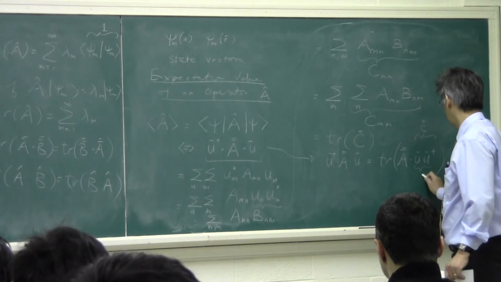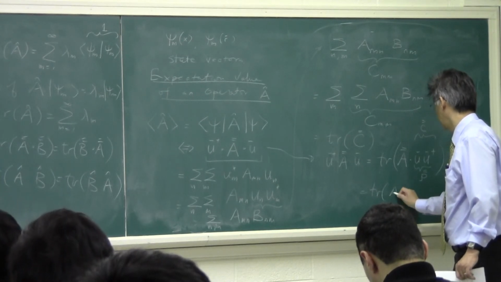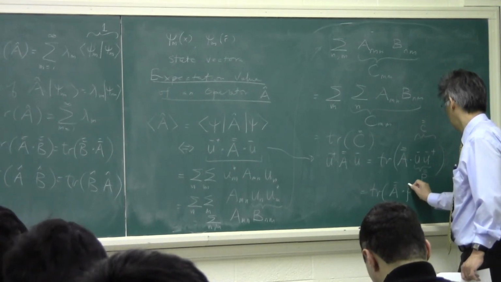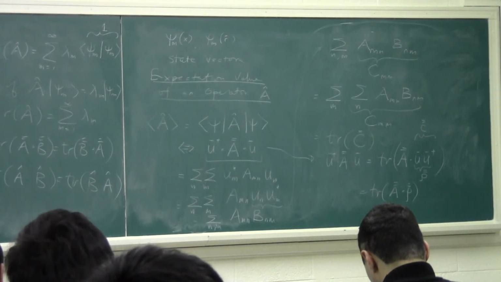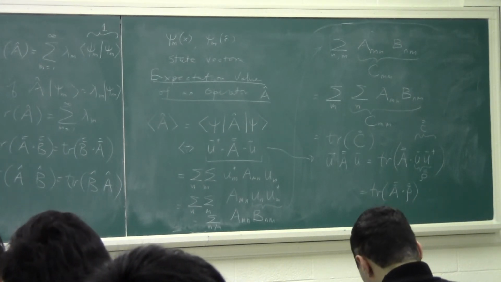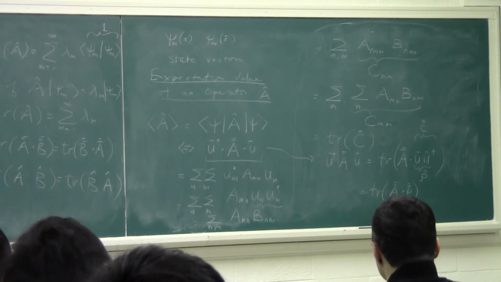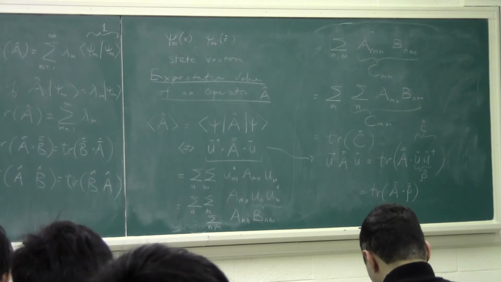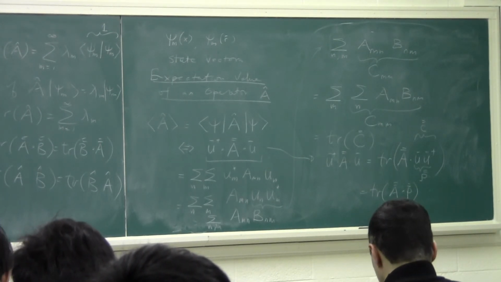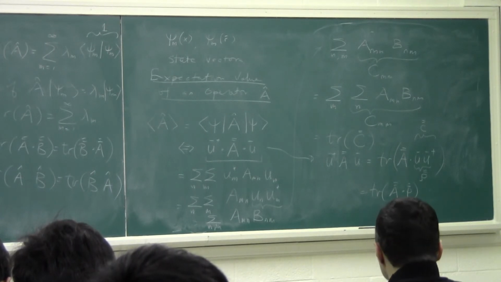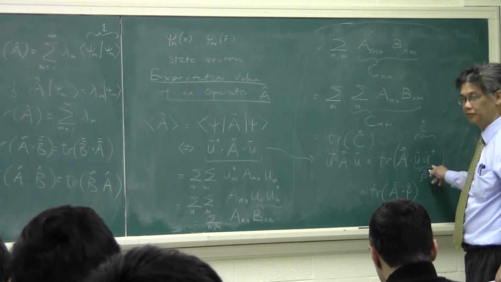Okay, this is a matrix which is called a density matrix. So this is also written in the form that if you know the density matrix of a system, if you multiply by the operator and take this trace, you find the expectation value of the operator. Okay, the density matrix is a very important concept in quantum mechanics. It is calculated by taking the vector and multiplying by its conjugate transpose.